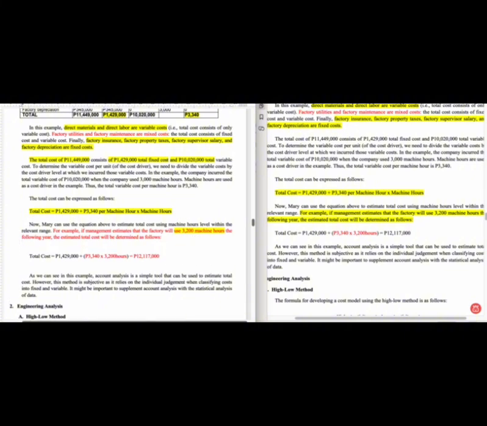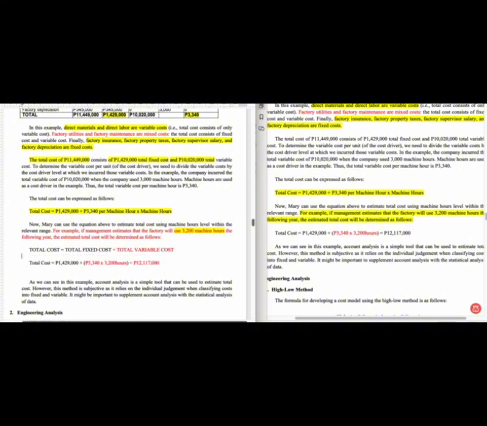This is the formula. Let me remind you: total cost is equal to total fixed cost plus total variable cost. Then, if we break down the total variable cost, the formula would be variable cost per machine hour.